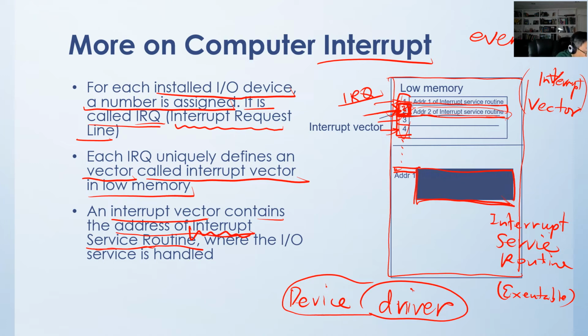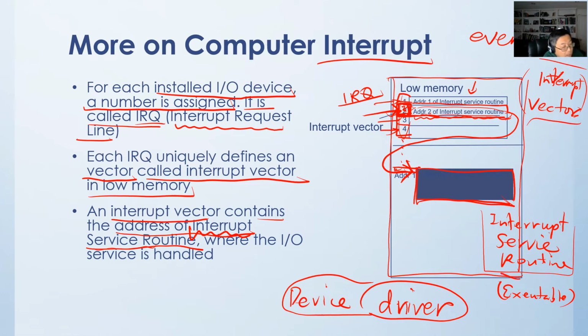So this is actually the second column, the memory address of the interrupt service routine. You can think about this as a pointer to the software piece. So that's the interrupt vector and the interrupt service routine. Just keep that in mind.